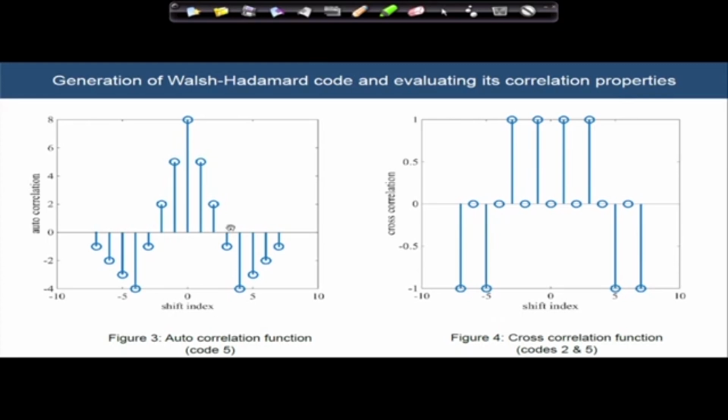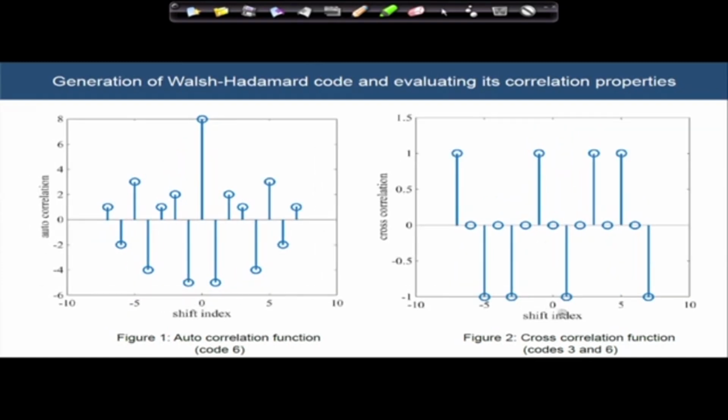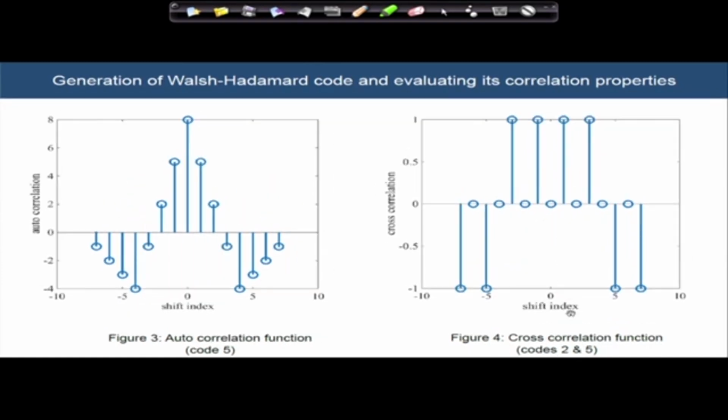You can change the value of this code index and try and plot the values for different code indices. That is, you can try and plot autocorrelation and cross correlation. We see another example where we have codes 2 and 5, but again this plot is different from the plot for cross correlation between 3 and 6.